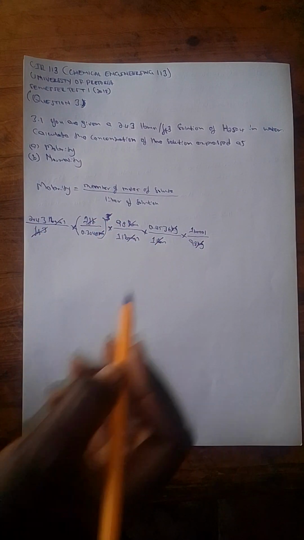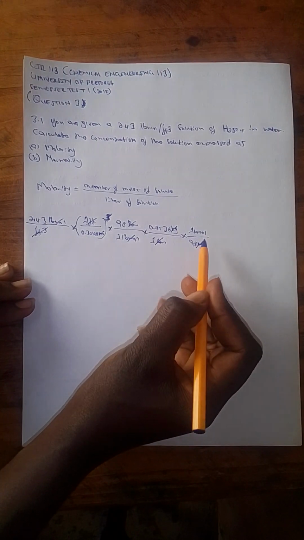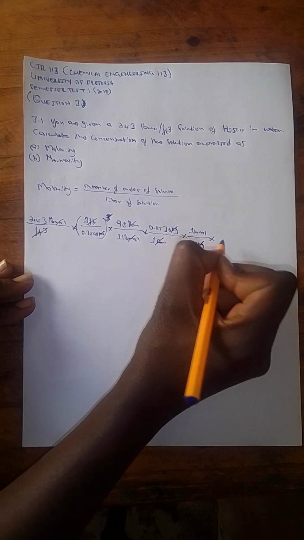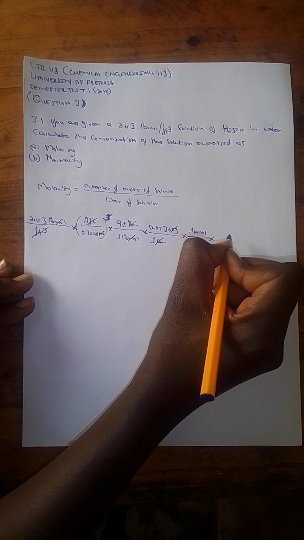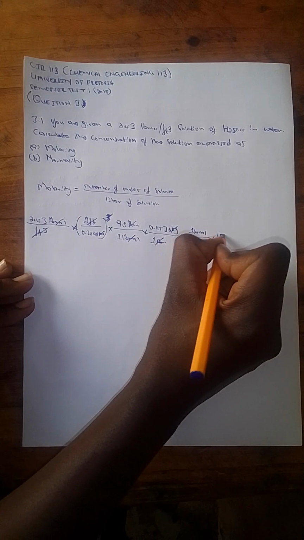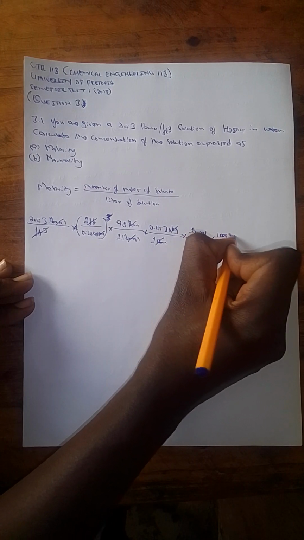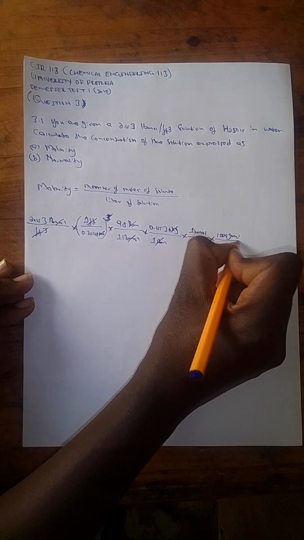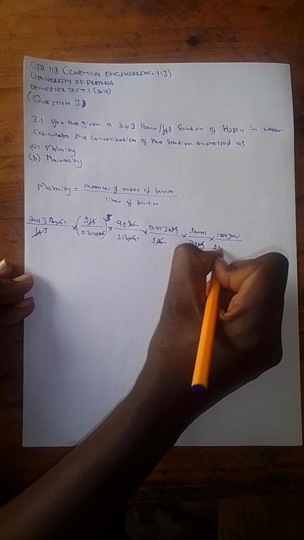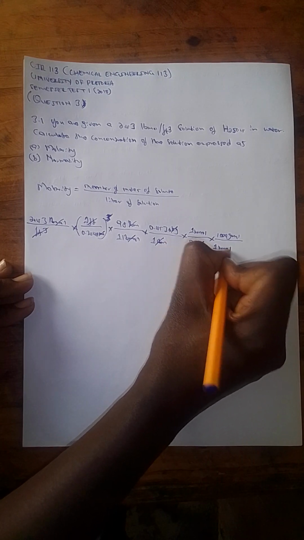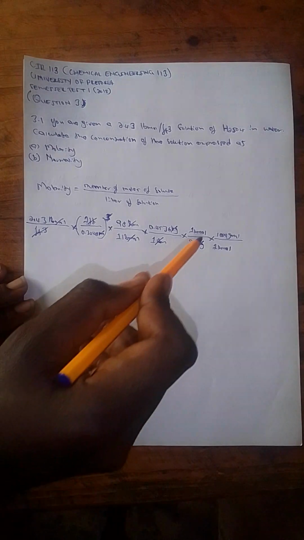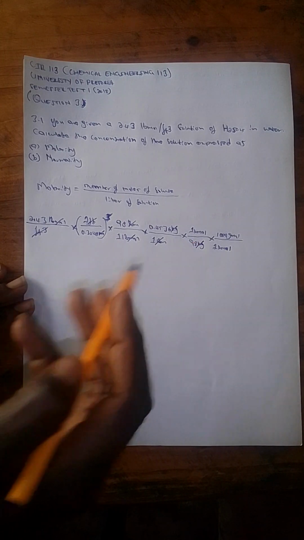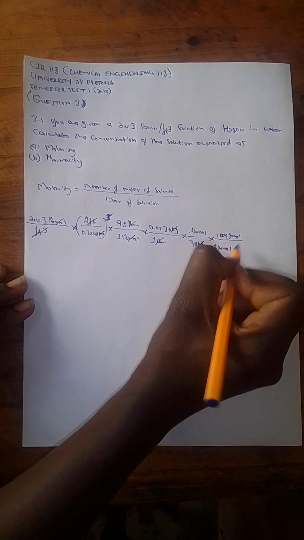Now how do we convert from kilomole into gram mole? We know that 1 kilomole is equal to 1000 gram moles, so we say 1000 gram mole all over 1 kilomole.